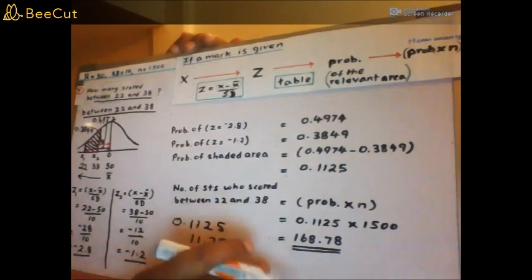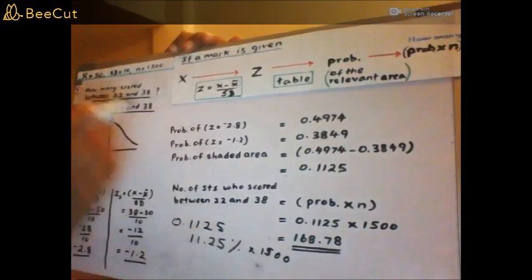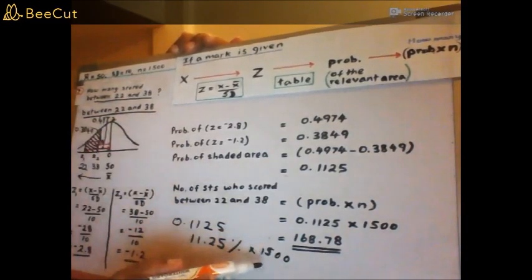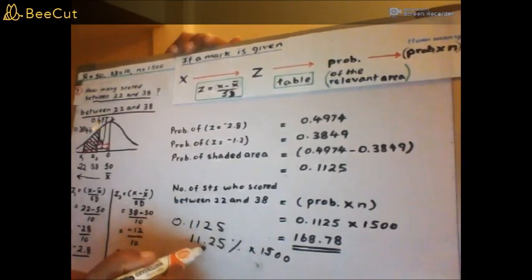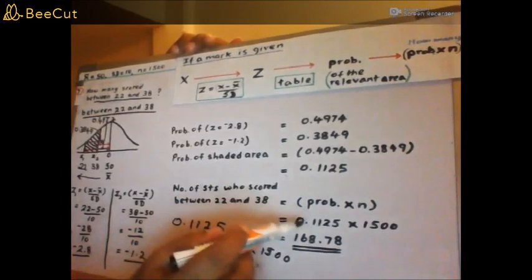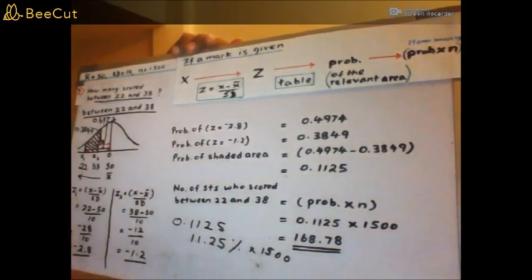Out of 1500. Yes, the total 1500. 11.25% of 1500, that's what we are doing here. So then we can know the number of students.